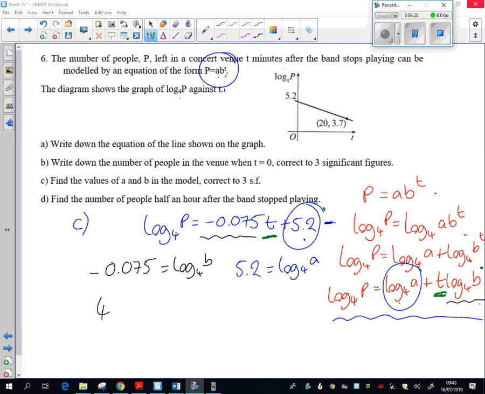Okay, so then I just need to take both of those out. So 4 to the power of minus 0.075 is b.